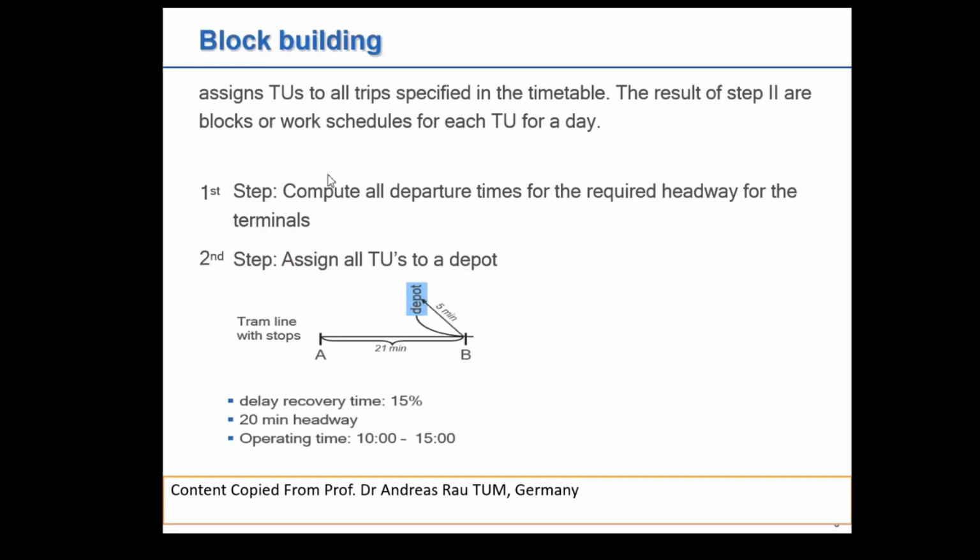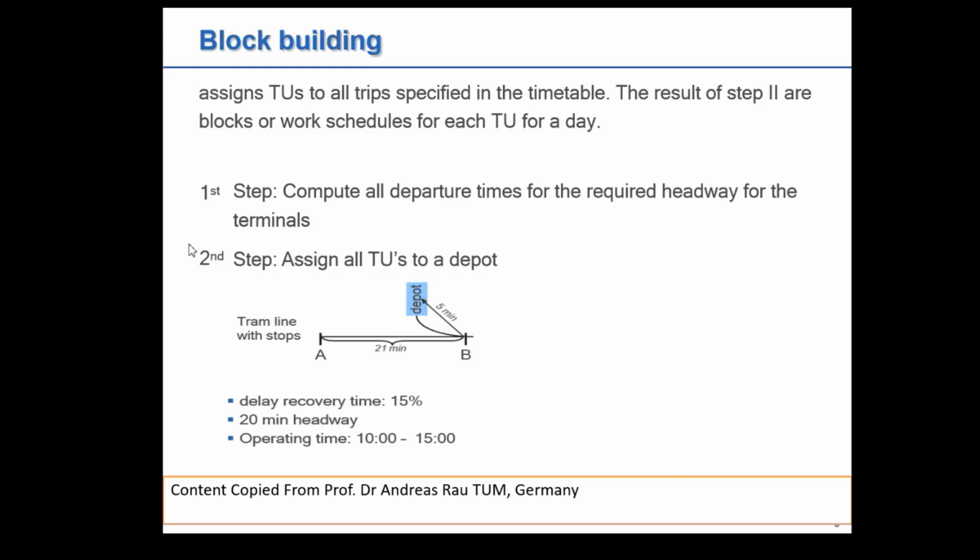So to assign the transit unit to all trips, which is already specified in the timetable, the first step is to compute all the departure times required for the headway for the terminal. One is the time at which we want the same train to serve on any specific network.